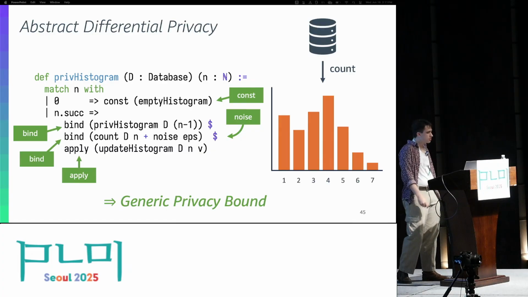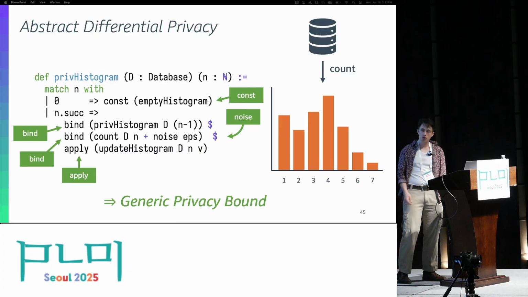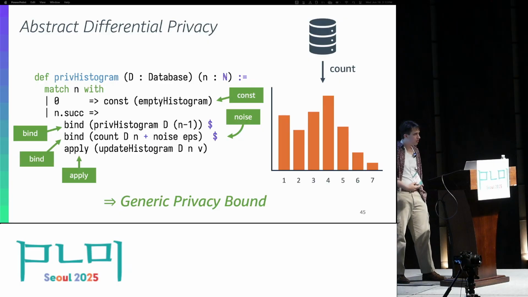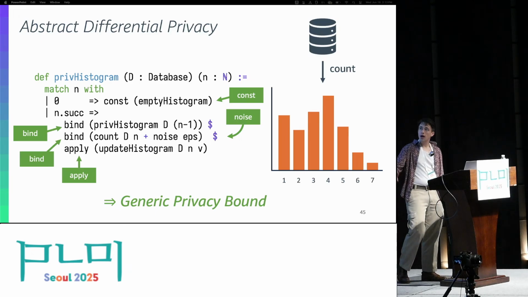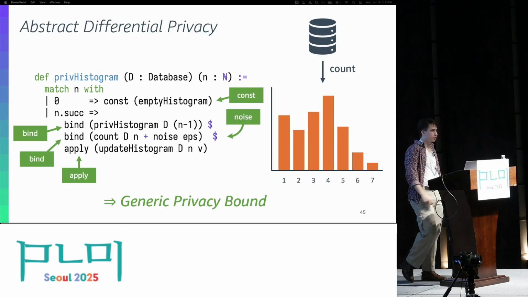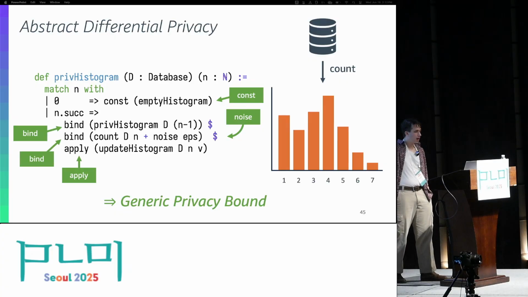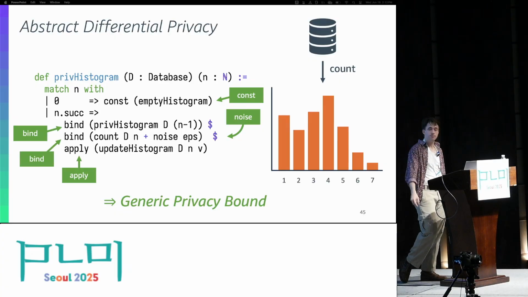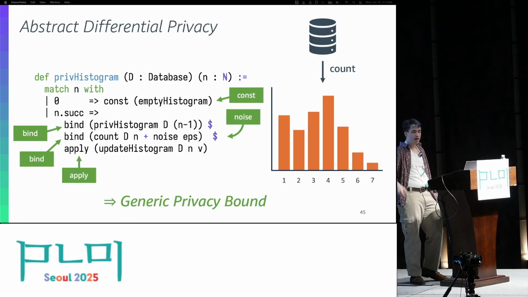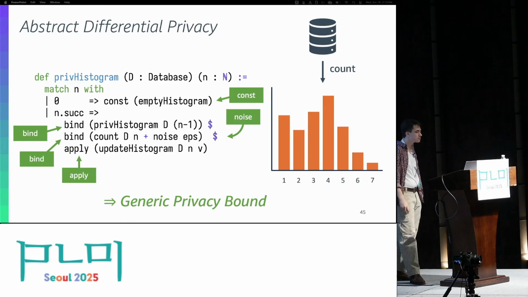I can speak more to the pros and cons of this afterwards. I'll say that it's nowhere near a complete proof system, but we found that because so many of these definitions share these common features, you're able to generalize some of the proofs that you might see in the literature, and get guarantees that apply for all of these different variants.